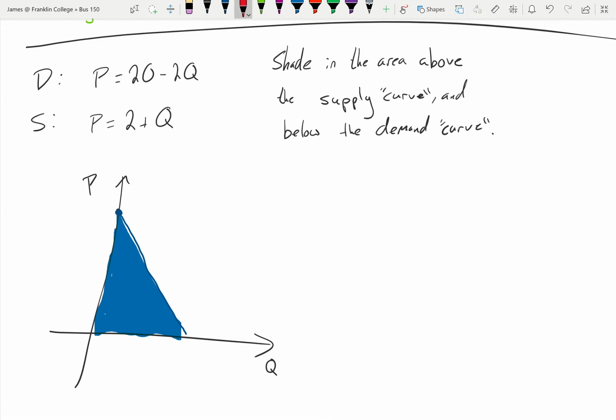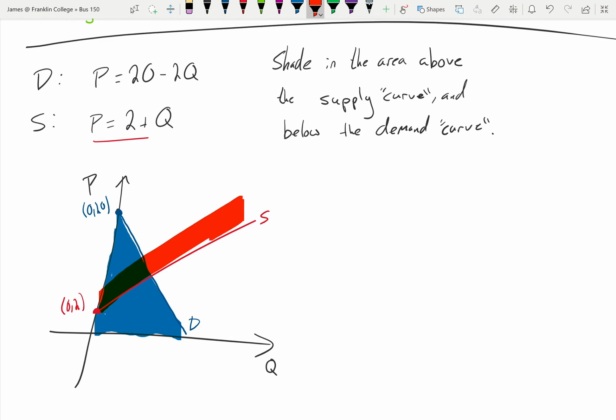All right, so we can graph the supply equation, P equals 2 plus Q. So we have a y-intercept of +2, and that's our supply, and that's our demand. And we might be interested in denoting that this is the point (0, 2). This is the point (0, 20). And we're going to want to shade in the area above our supply curve.